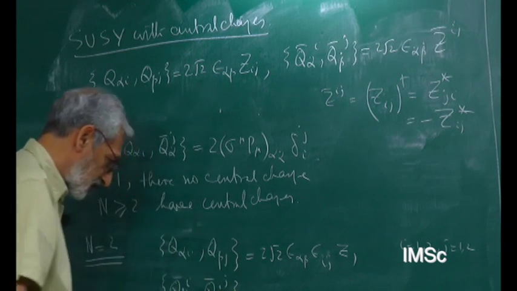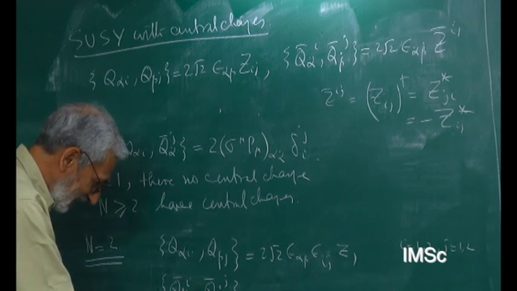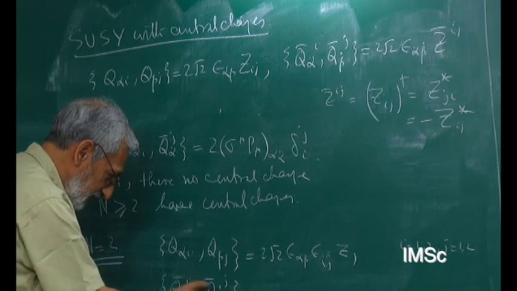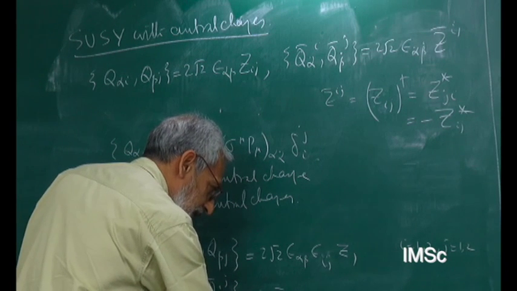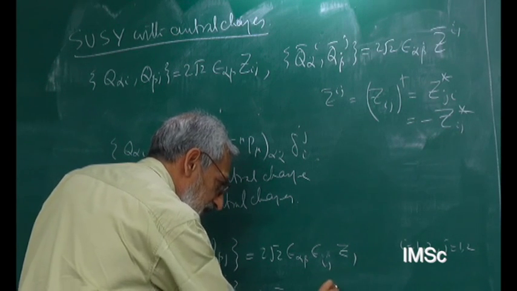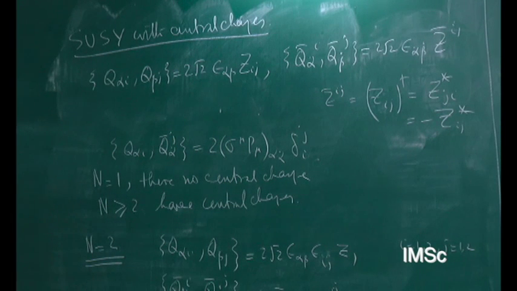I hope these dots are not clear on the blackboard, they get lost. Similarly, the anticommutator of Q bar alpha dot I, Q bar beta dot J is 2 root 2 epsilon alpha dot beta dot epsilon IJ Z bar. Z is some complex number.